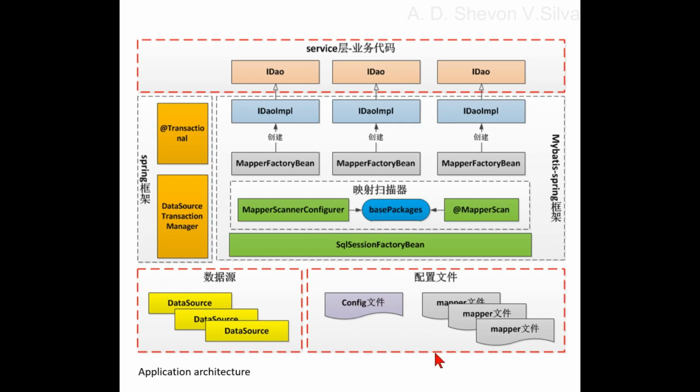MyBatis configuration files are mainly used to define the alias of PO classes to facilitate the reference to PO classes. The mapper configuration files are used to manage SQL statements.